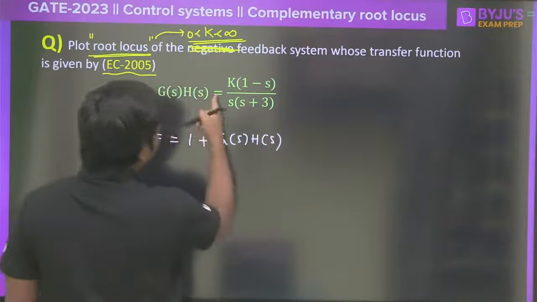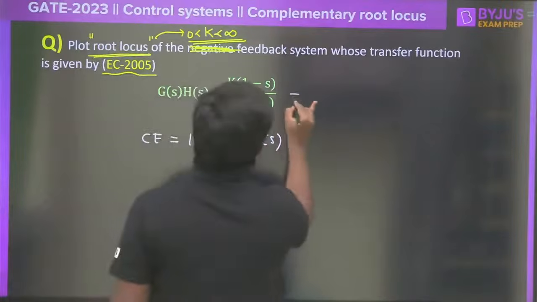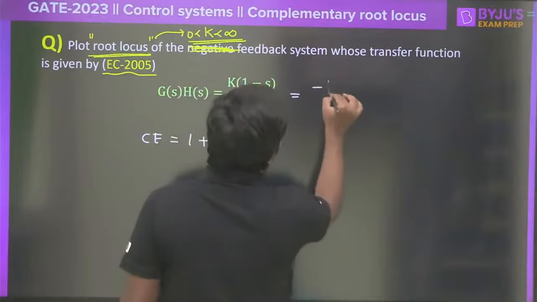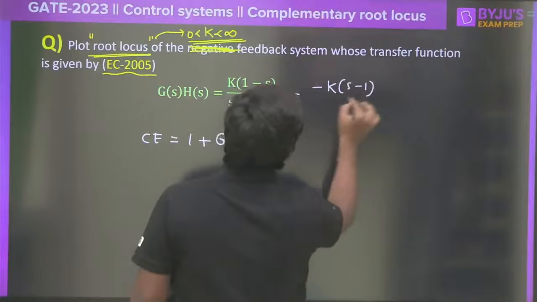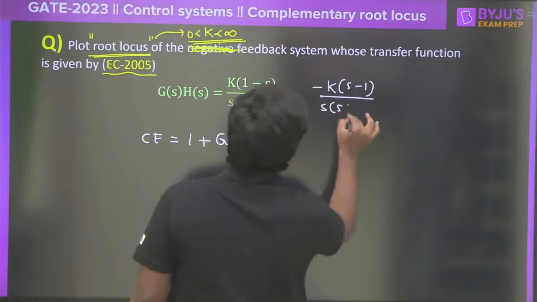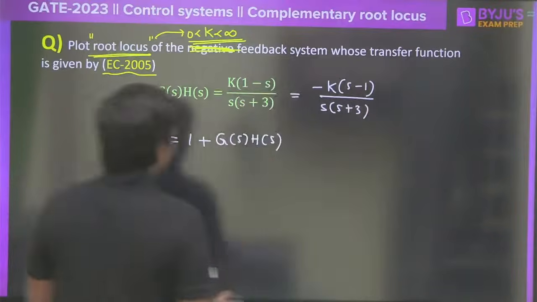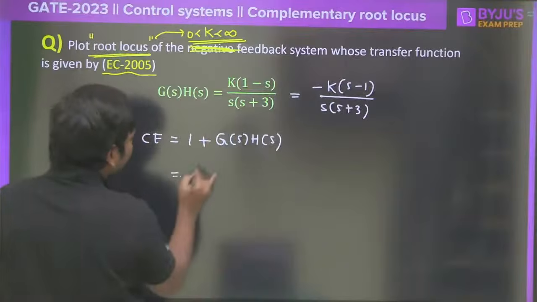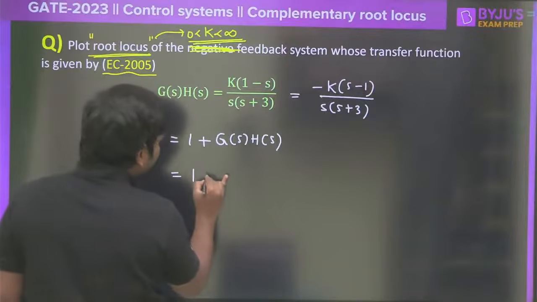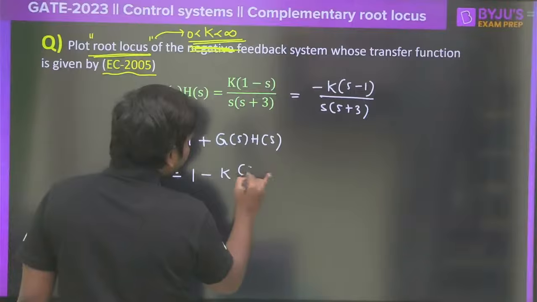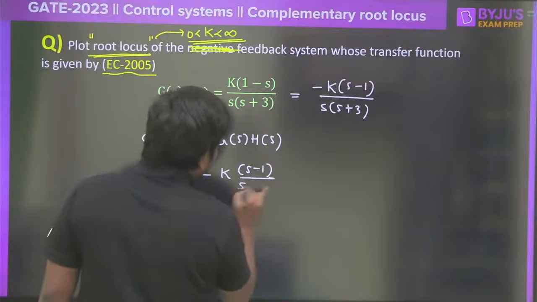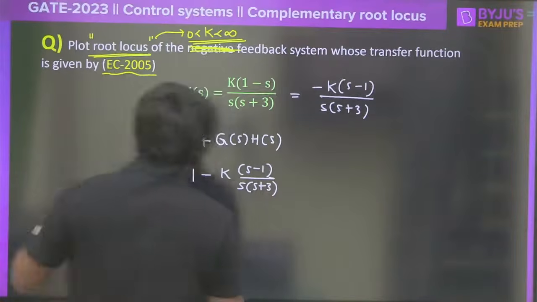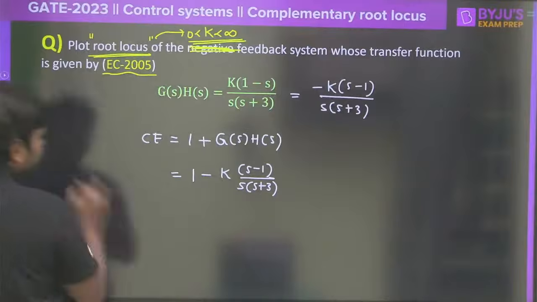But have you remembered this? The same transfer function, if you convert this into the standard form, it will become like k into s minus 1 whole divided by s into s plus 3. So therefore, what should I write here now? Now if I substitute this, it will become like 1 minus k into s minus 1 whole divided by s into s plus 3. Now you can see here, what is coming here? It is minus sign.